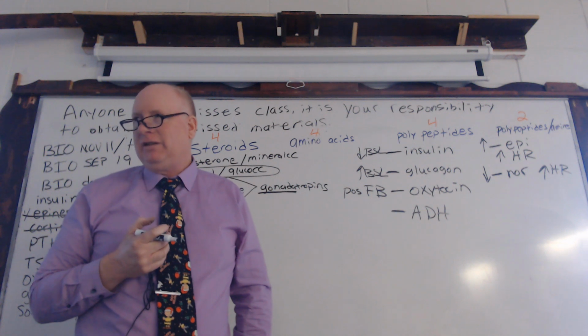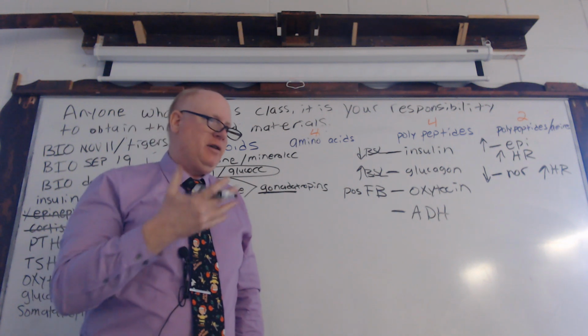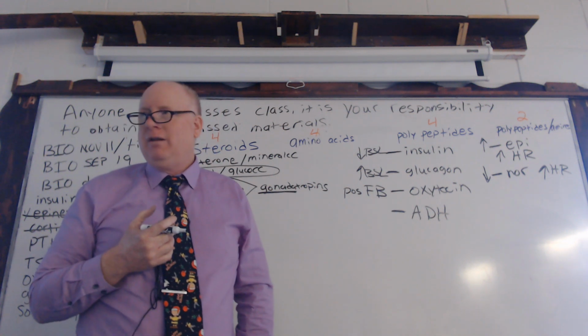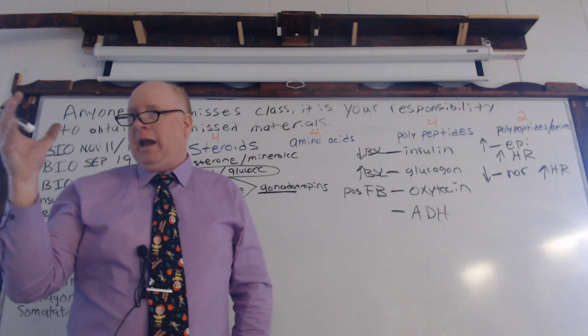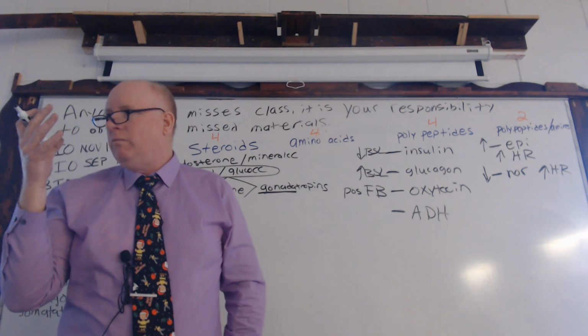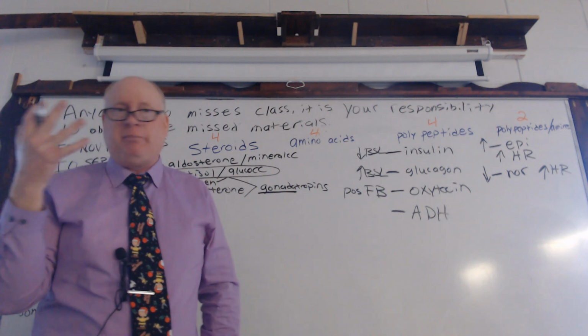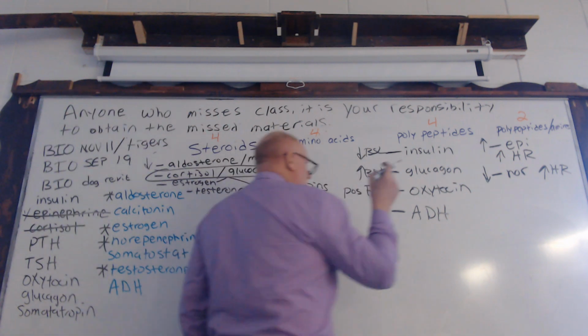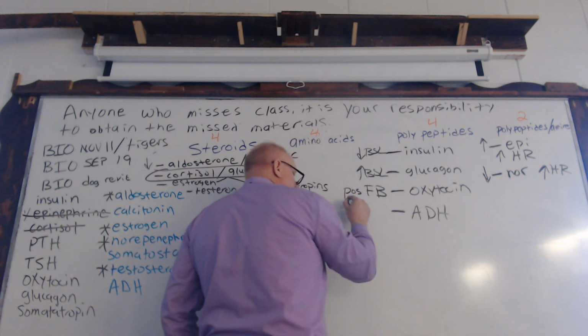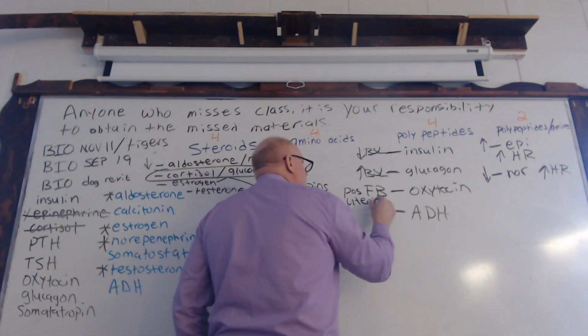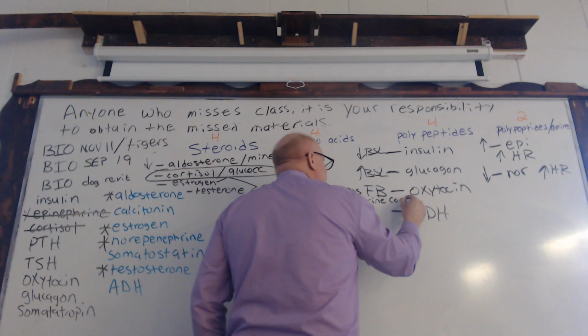Women. See, that's where we said, guys, we lucked out on this one. So it's amplifying something in women. What is it? Uterine contraction. So that means that childbirth is about to take place. So positive feedback mechanism on uterine contractions.